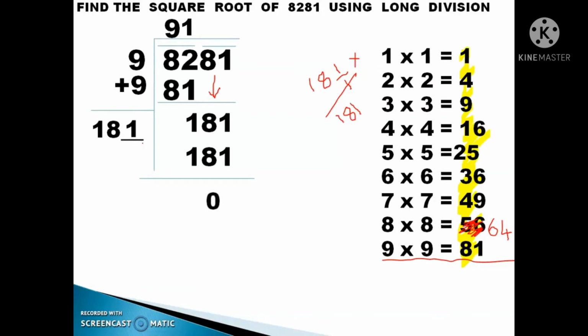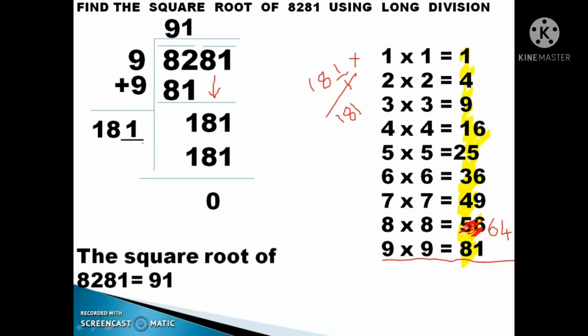So, what is the square root of 8281? The square root of 8281 is 91. The quotient which you write here is the square root of the number.